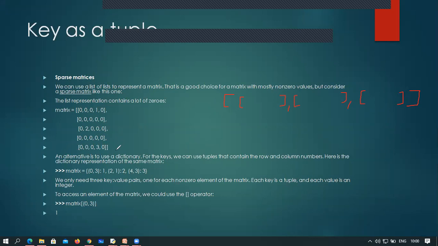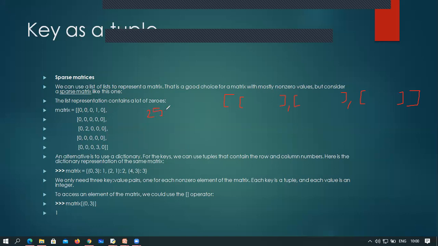Now this matrix is called a sparse matrix. I think you already know what a sparse matrix is. If most of the values of the matrix are zero, then that matrix is called a sparse one. Like over here, there are 5 rows and 5 columns, so 25 items.